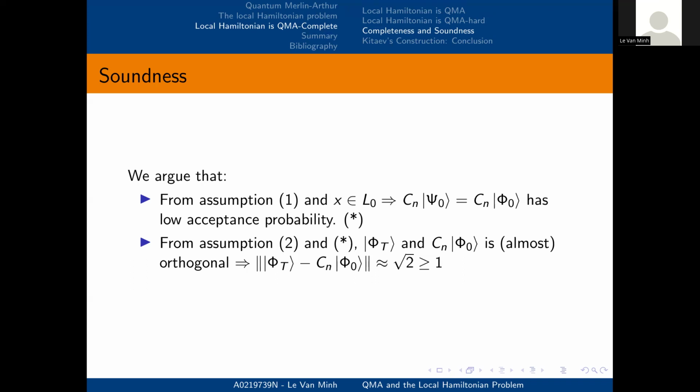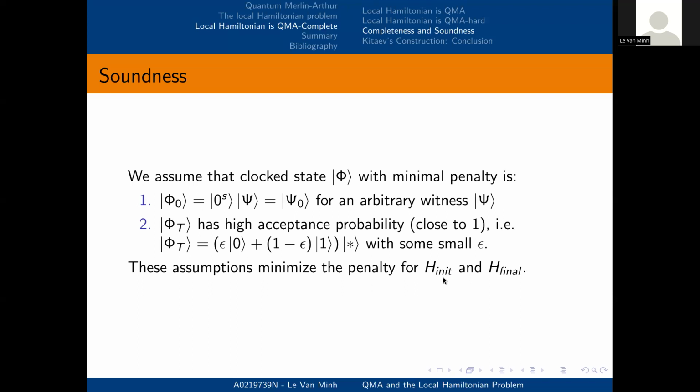Therefore, we conclude that phi t and Cn applied to phi 0 are almost orthogonal, so that the distance between phi t and Cn applied to phi 0 is very close to square root of 2. And that is larger than 1. This is the whole point of these first two assumptions that we made.